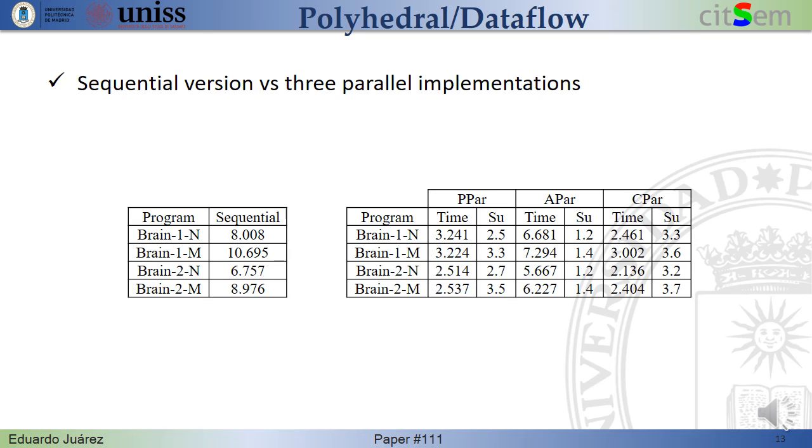The table to the left shows the execution times measured for the sequential implementation, while the table to the right collects the execution times for P-par, A-par, and C-par and provides the speedups of each tool when compared to the sequential time for each combination of hyperspectral images, Brain 1, Brain 2, and architectures, Namaka N and Margaret M. As can be seen, C-par is the configuration achieving the largest speedups regardless of the input image and the target architecture.